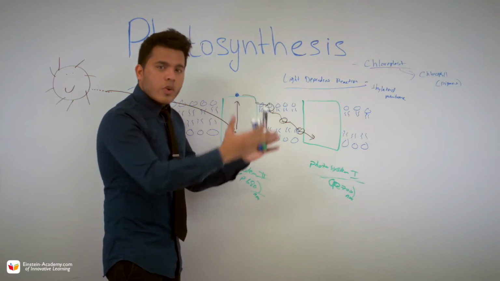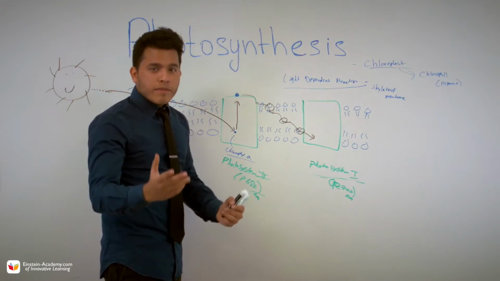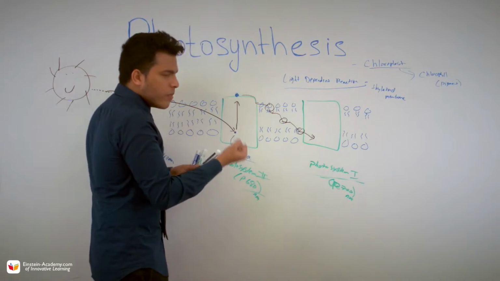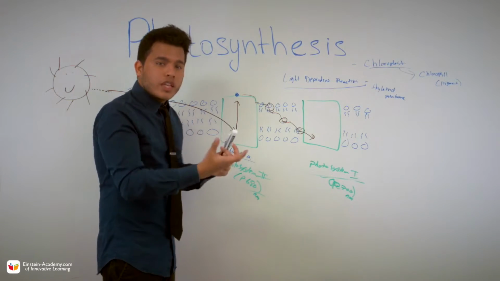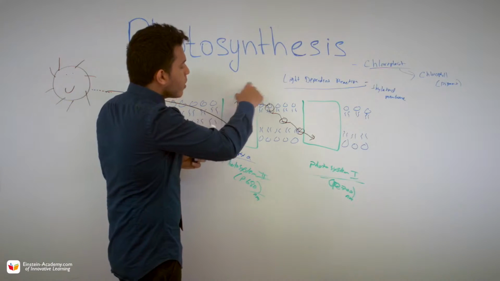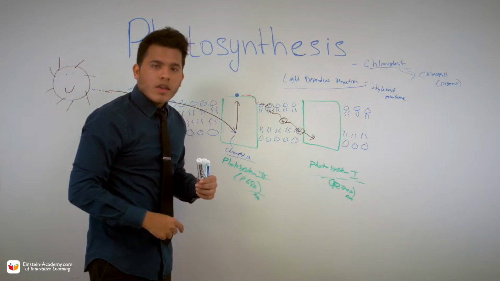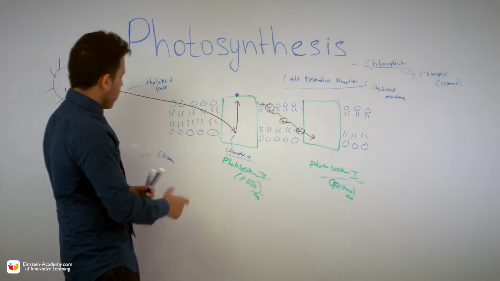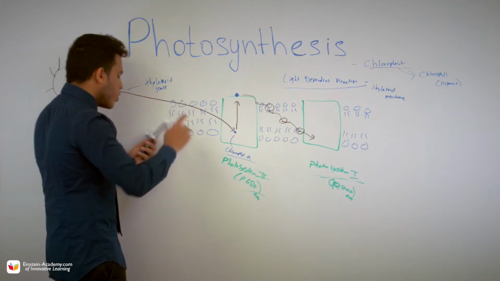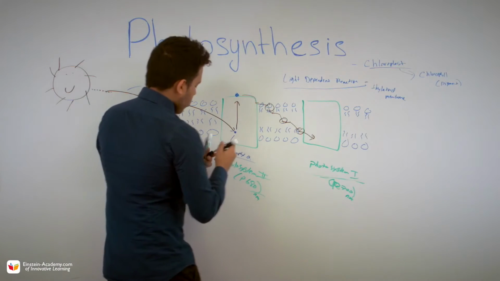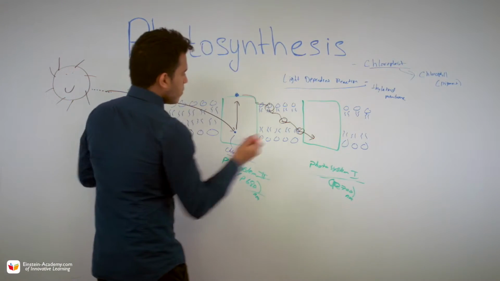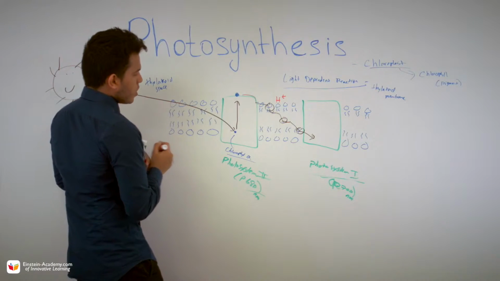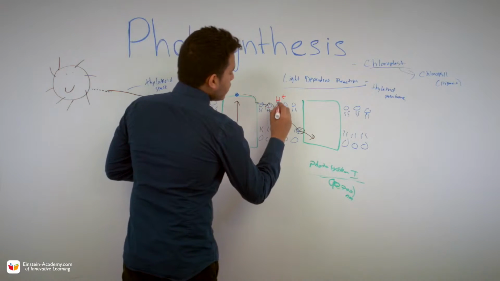And as we're going down, same thing as cellular respiration, we start to lose some energy, and that energy that is released from this high energy electron going down in state, we're going to use that energy to pump the protons from the stroma into the thylakoid space. So let's see. We're going to pump the protons from the stroma into the thylakoid space.